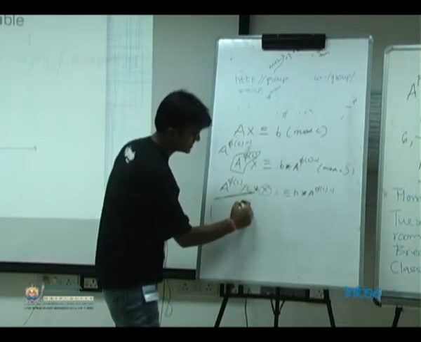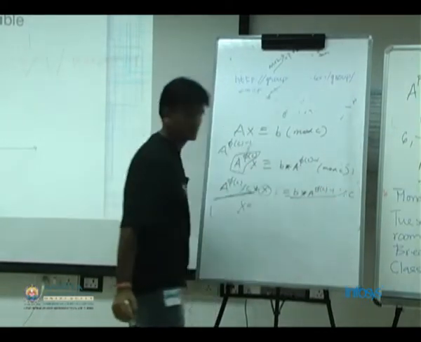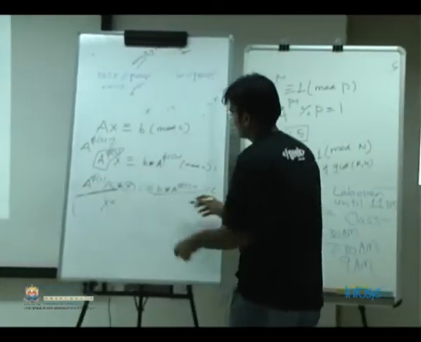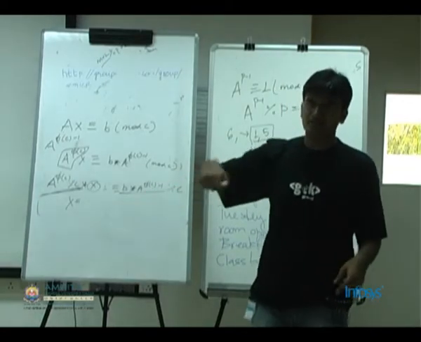So we are left with X is equal to something mod C. So this is our solution. We can calculate this using modular exponentiation, that log n method that we discussed.